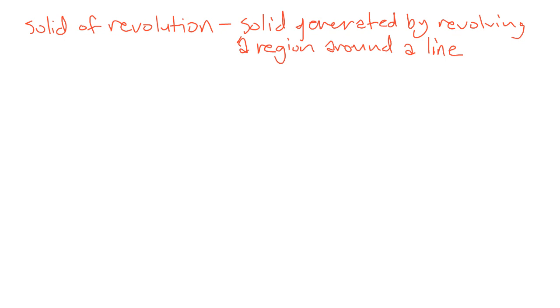So similar to those other ones, you would rotate those pieces around different axes. So if we rotate that around an axis and we take the volume of that resulting piece, that is going to be a solid of revolution.